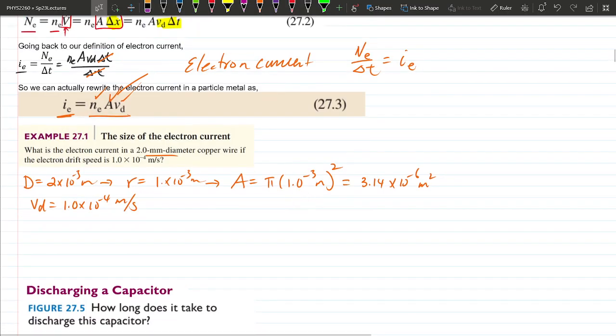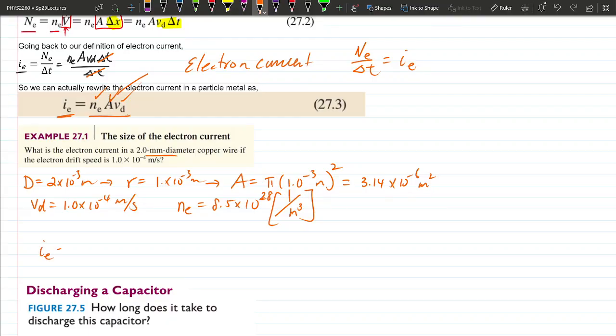So we go back down here, and we can write 8.5 times 10 to the positive 28. And this will be in electrons per, so be a little careful, this is the units of number. I'm just going to put a 1 there so we don't mistake it for the charge of an electron or something like that. So this is the number of electrons per cubic meter, and that's why the numerator is just a 1.